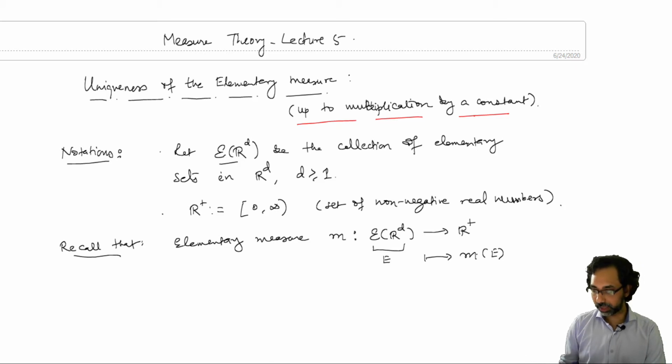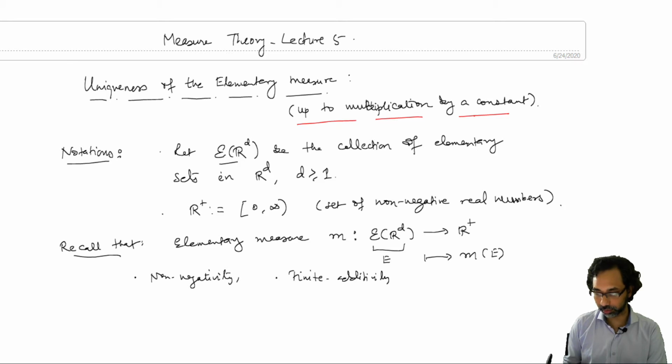Now this elementary measure satisfies non-negativity, finite additivity, and translation invariance.